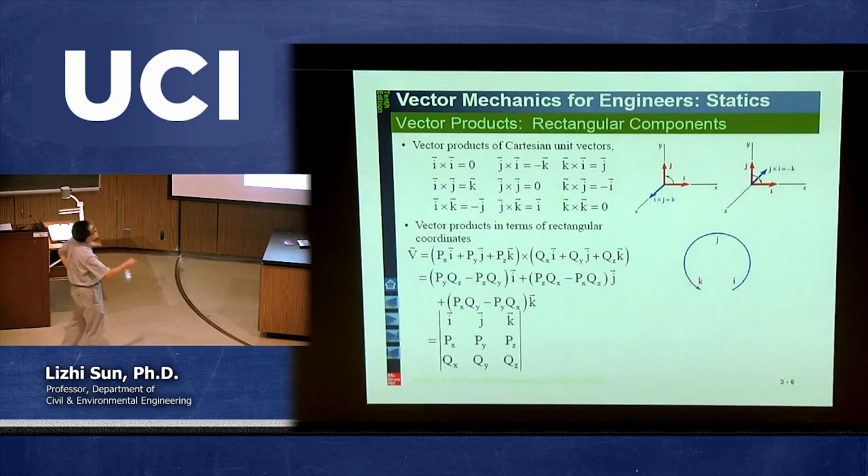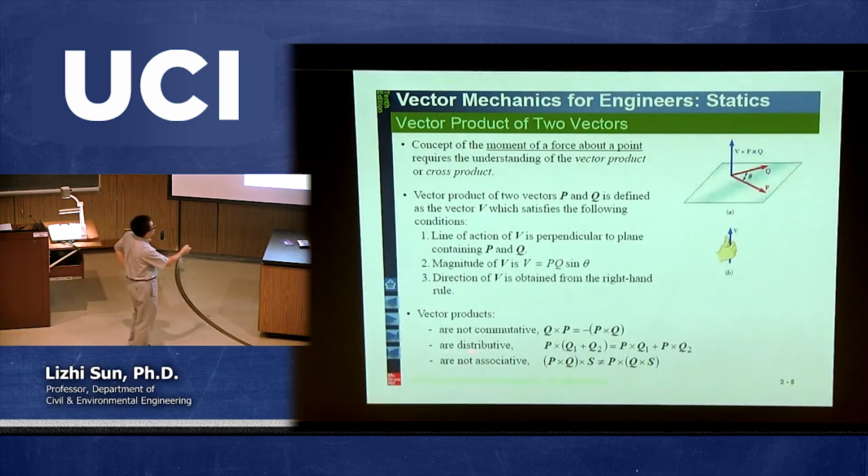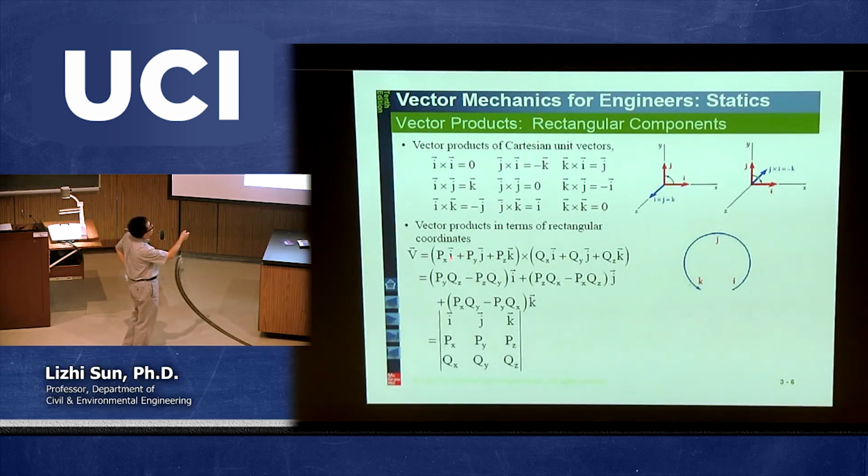Now let me quickly show you how to deal with vector p cross vector q. P can be split into 3 components, px, py, pz, with i, j, k, cross the 3 components of vector q: qx, qy, qz. Then you just follow the distributive rule and do it one by one.